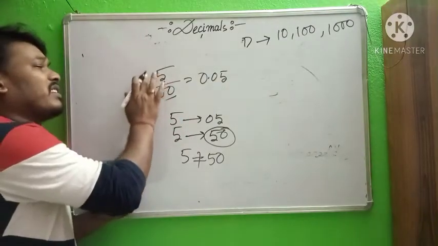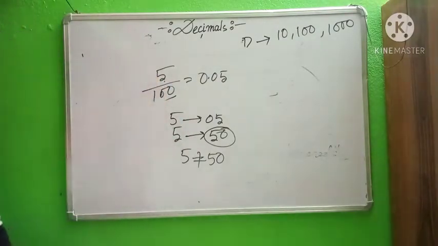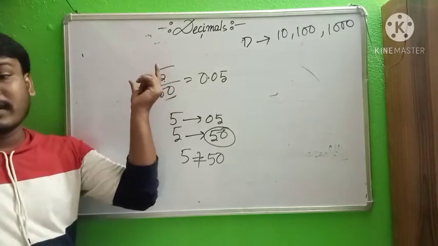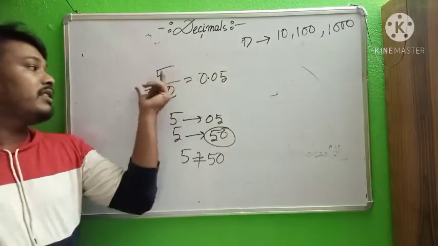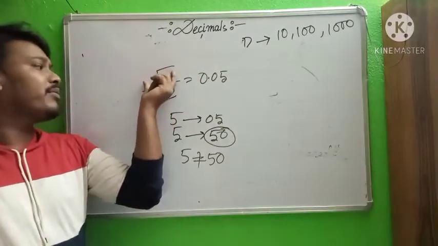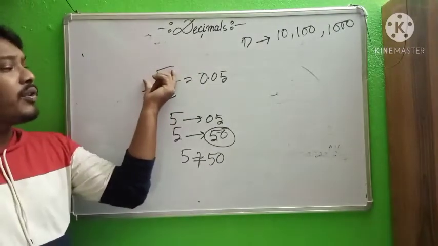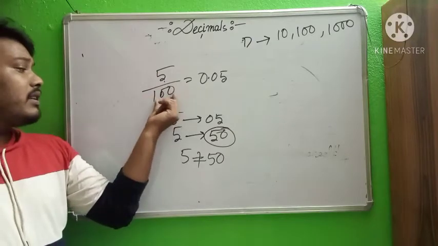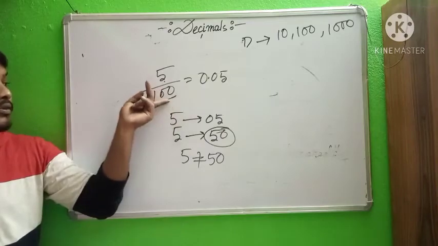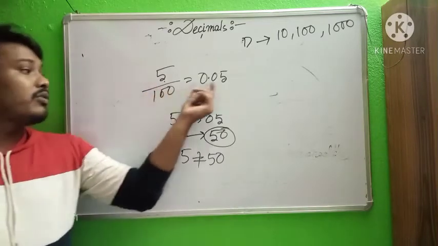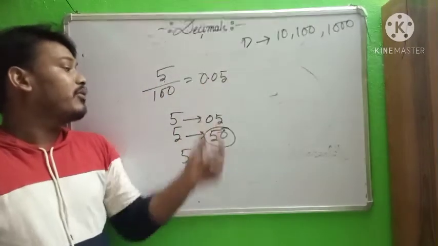No need to write it here, you think it in your mind. In the denominator there are two zeros, so it becomes 0.05.